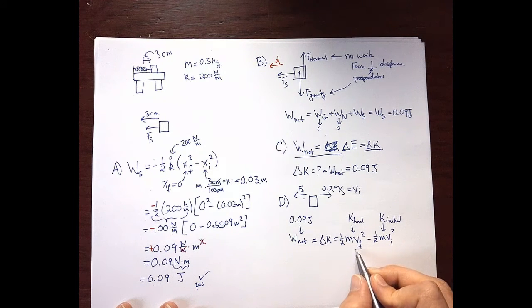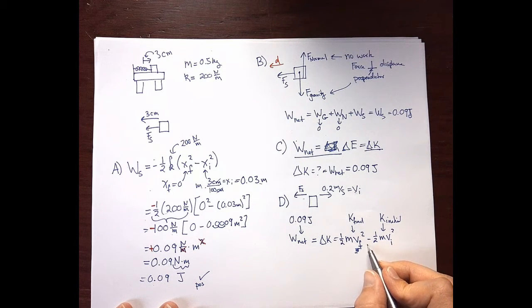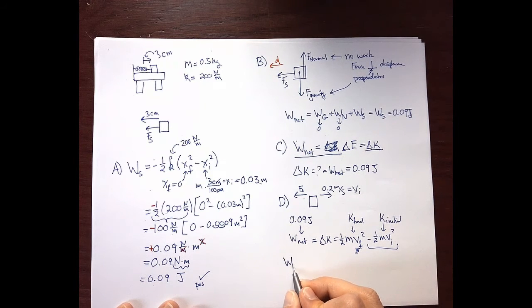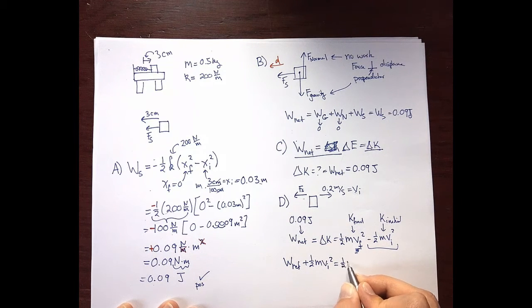So we are trying to solve for the final kinetic energy. So we will add the initial kinetic energy term on both sides. So we'll end up with the net work plus 1/2 the mass times the initial speed squared. That equals 1/2 the mass times the final speed squared.